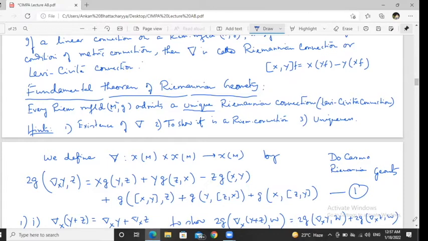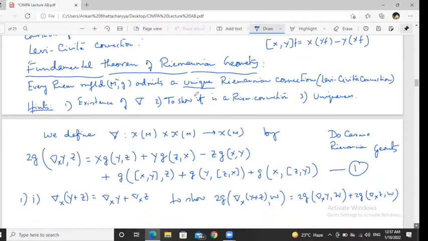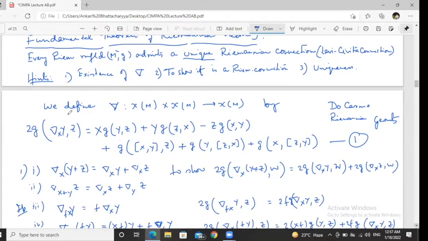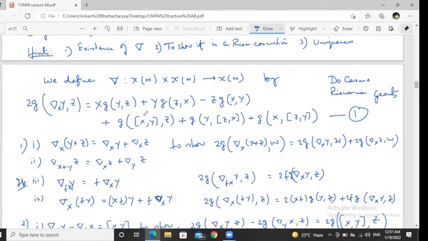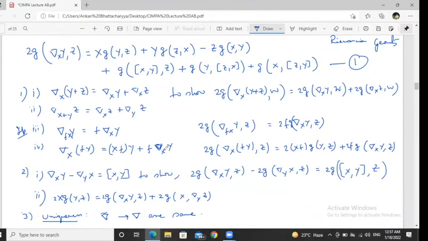This is the fundamental theorem of Riemannian geometry, and this del is defined in this way: 2g(del_X Y, Z) equals this expression. Anyone who wants to see how it comes can follow the book of Riemannian geometry by Tucard. These conditions can be verified, and the three conditions can be verified here.